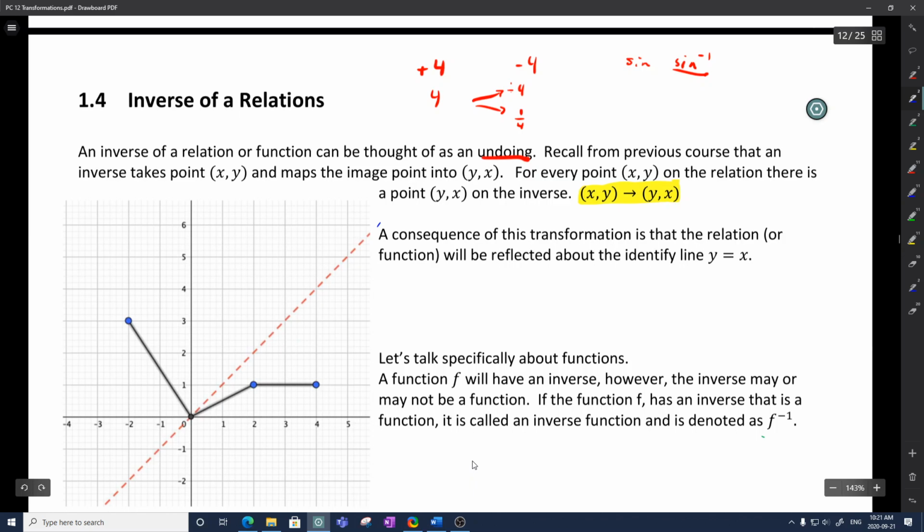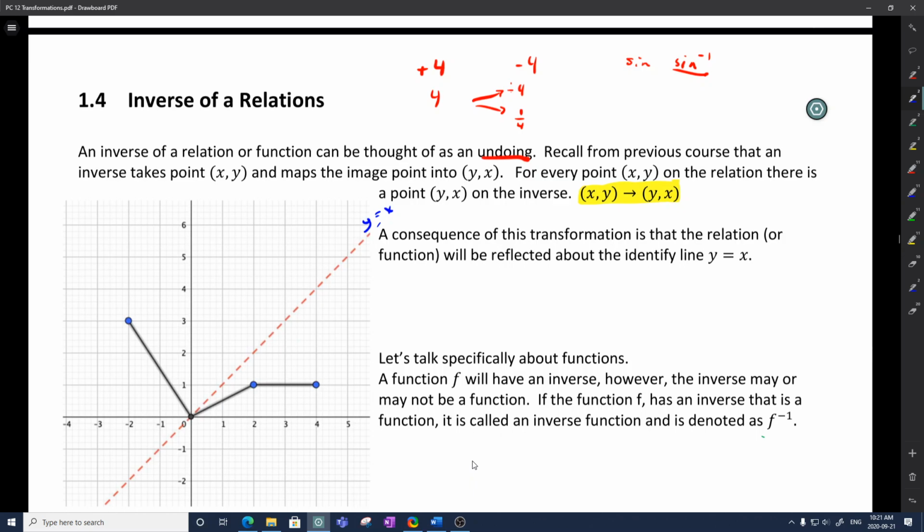As a consequence, our transformation will take the relation and reflect it about the identity line. The identity line is y equals x, so slope 1, y-intercept 0.